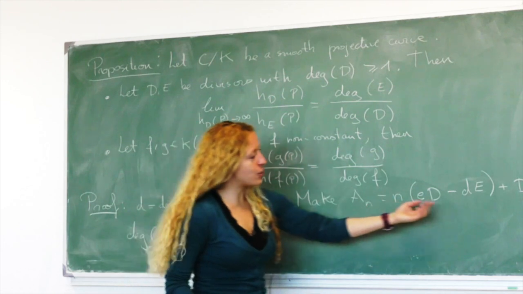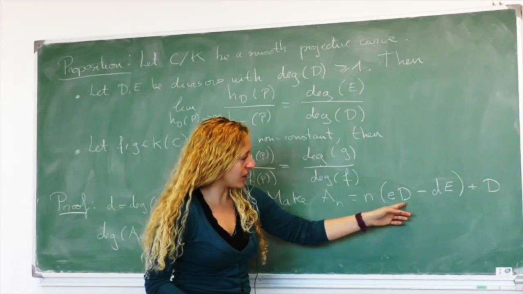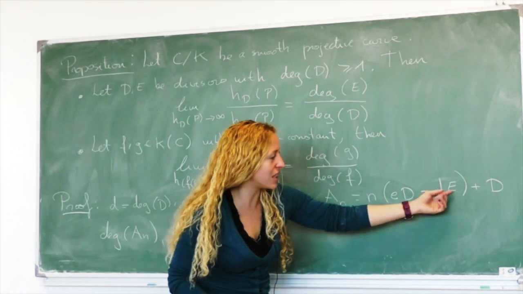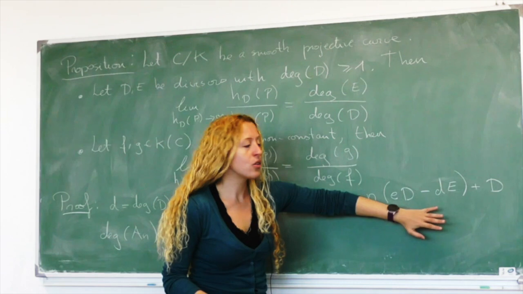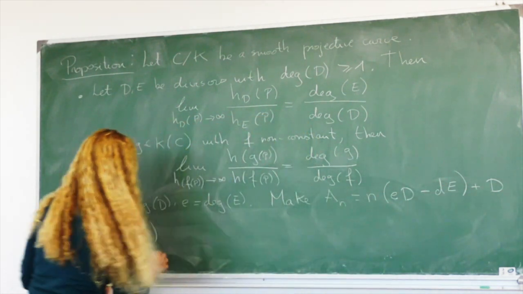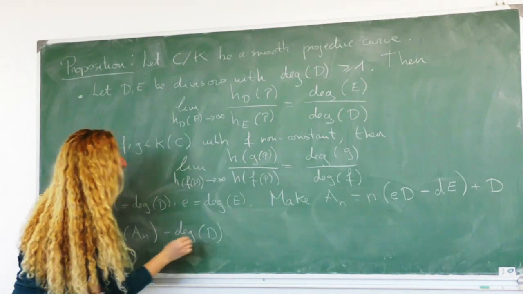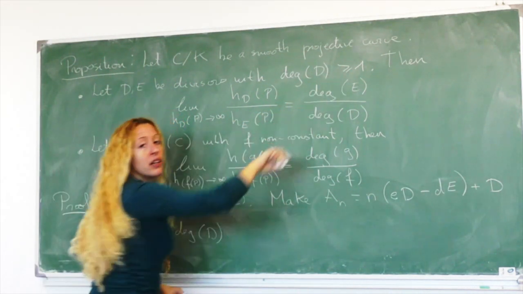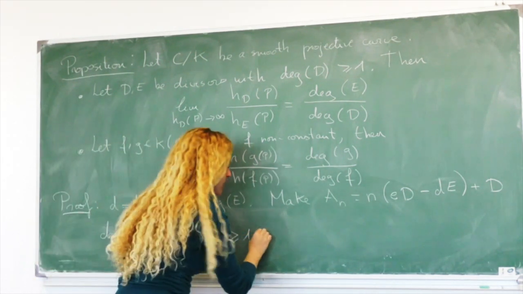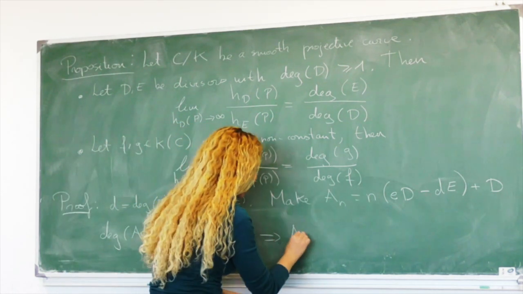This part gives us degree 0, because the degree of D is d and the degree of E is e, so this is ed minus de, equal to 0. So basically the degree of A_n is going to be equal to the degree of D, and it is greater or equal than 1 by hypothesis. And I refer to lecture 3: this implies that A_n is ample.